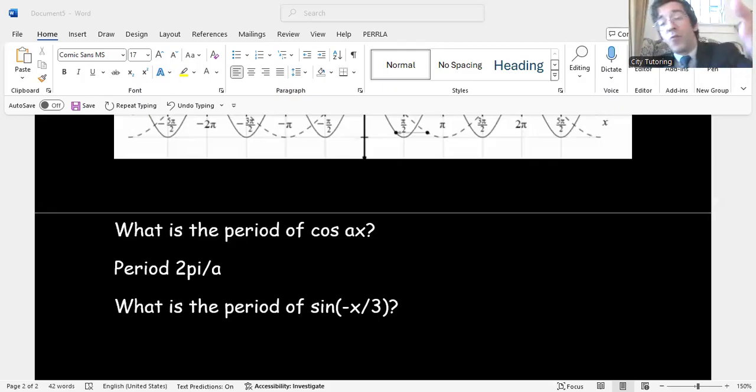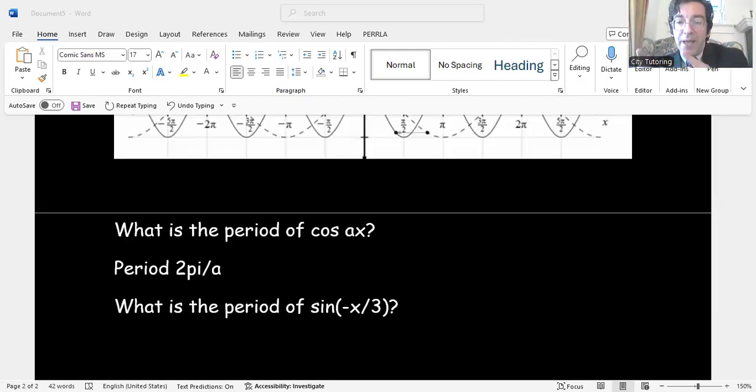And since the graph of y equals sine of negative x repeats every 2 pi, the graph here repeats every 3 times 2 pi, and 3 times 2 pi is 6 pi. So the period of sine of negative x over 3 is 6 pi. And you can follow the same reasoning as in the previous problem.